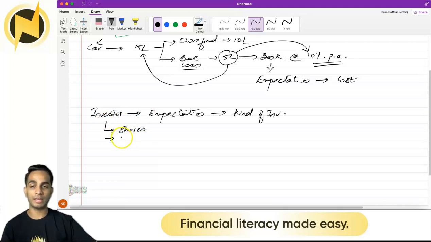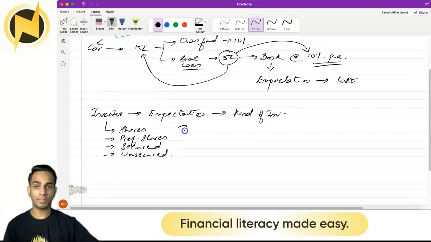It can be by way of preference shares. Yes? It can be by way of secured loans, unsecured loans. Correct? So these are multiple ways a company can raise capital. Please do note, these are not the only ways. I've just listed a few examples.